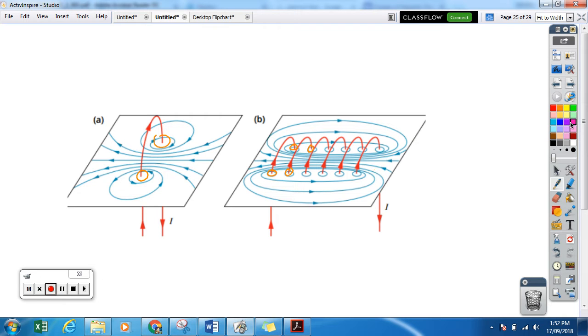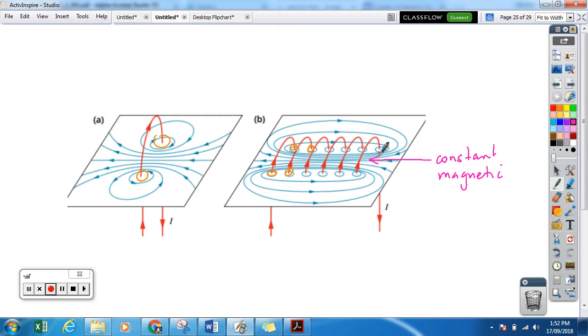And we notice that in between, inside the solenoid, we get a constant magnetic field. We have to be deep inside the solenoid.